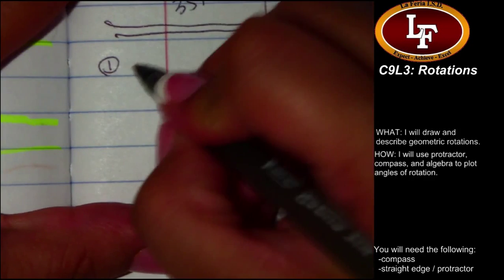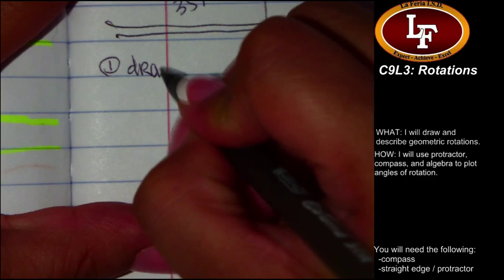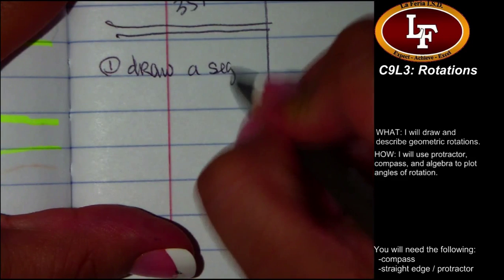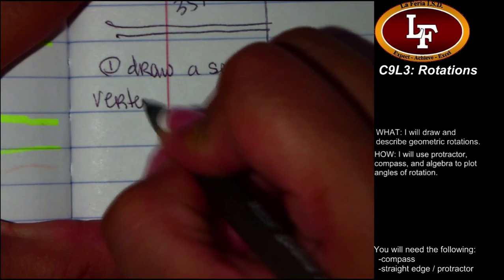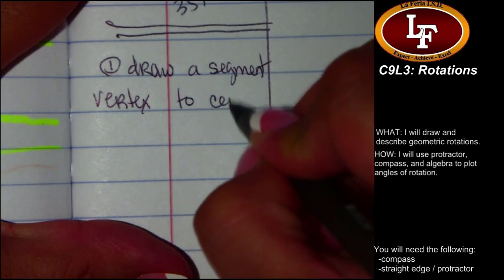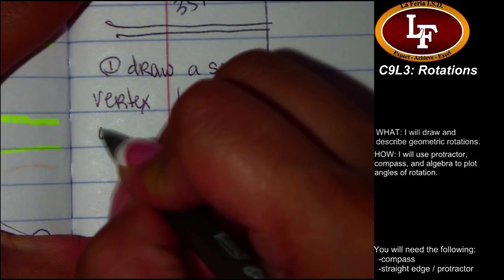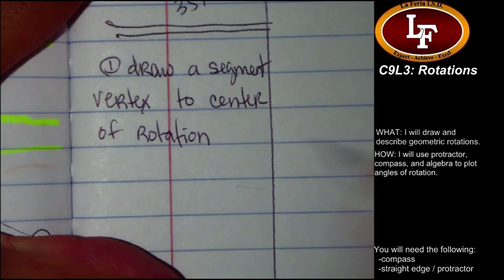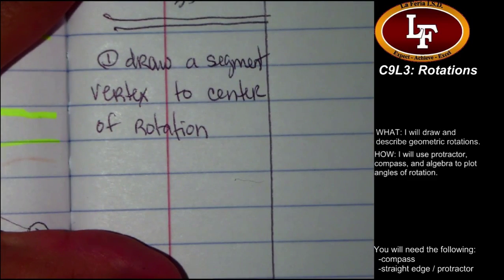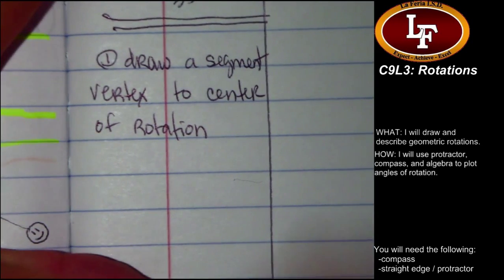All right, the first thing you need to do is draw a segment from vertex to center of rotation. Pick any vertex you want, start there, draw a segment from it to the center of rotation.